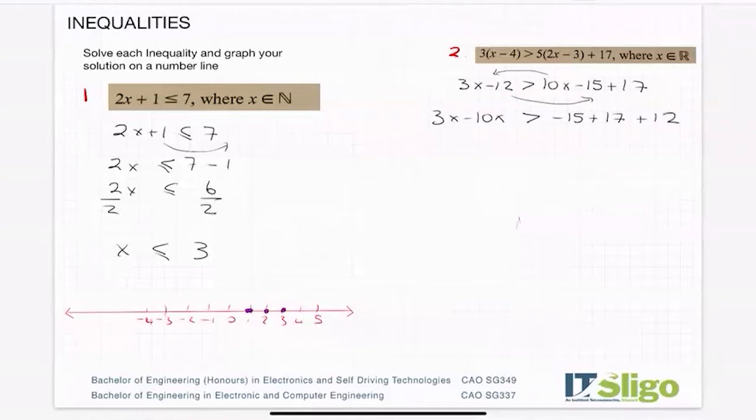It'll become plus 12, just the same as plus 10 here became minus 10. Let's tidy up. 3 minus 10 is minus 7x, is greater than minus 15 plus 17 is 2, and 2 and 12 is 14.